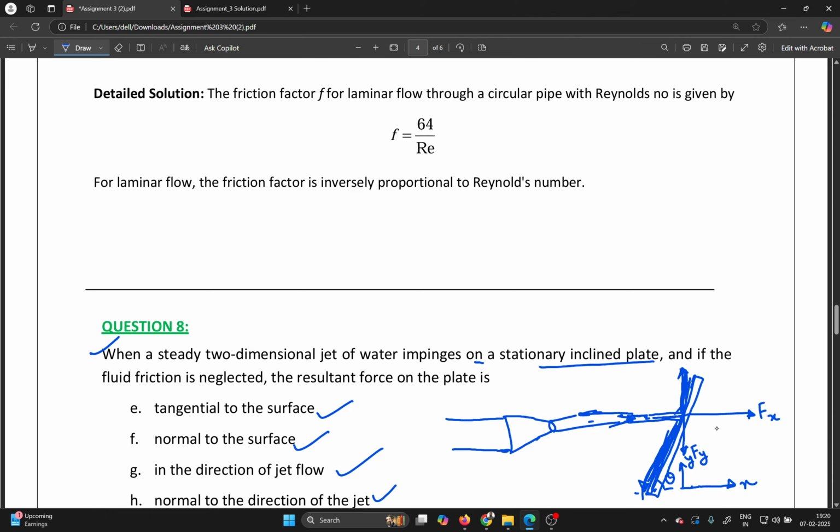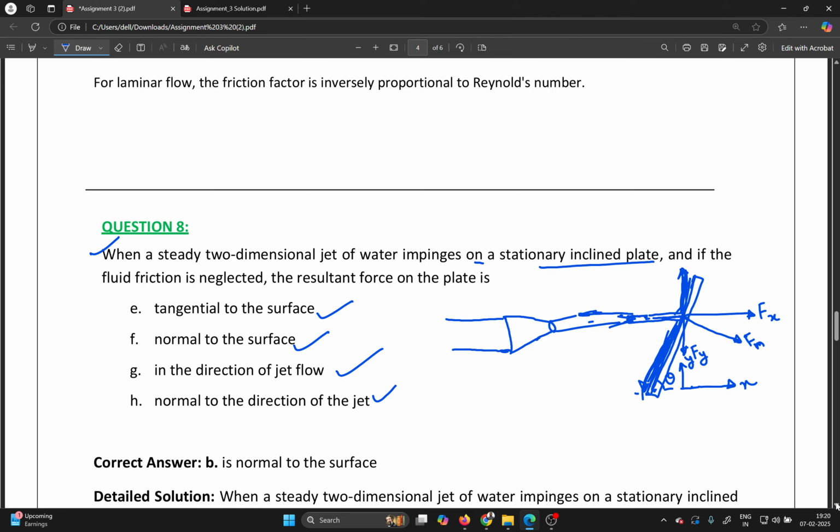You need to convert these two forces into a single force, which means you need to calculate the resultant. When you calculate the resultant, it will act normal to your plate. This is simple engineering mechanics, if you remember. So the normal to the surface option will be correct.